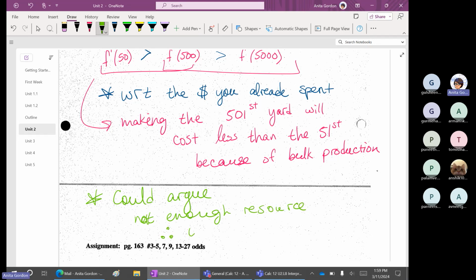Therefore, I need to upscale my production. So I could say, all right, I can handle a bulk order of 500, but now if I do 5,000, I need to upscale my factory. So you could make an argument either way, but you have to make sure that your argument matches up with your answer. Does that make sense?